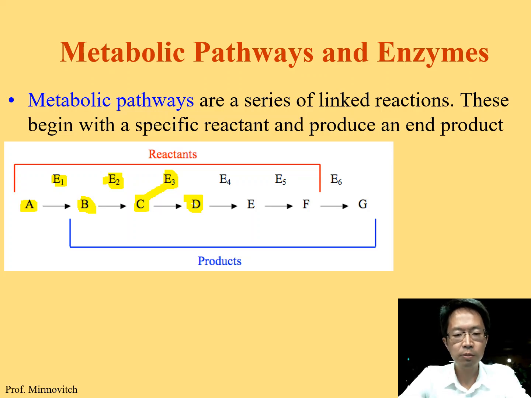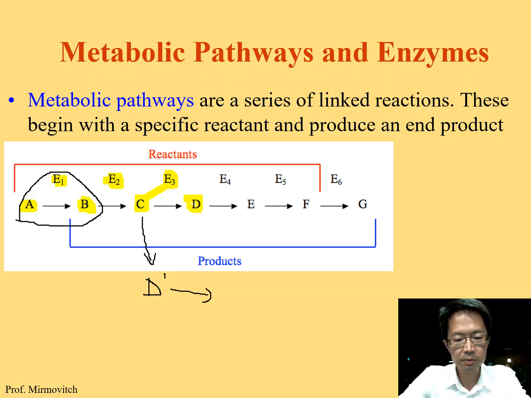The reaction in our body is not just a one-step process, not just from A to B catalyzed by enzyme 1 and that's it. No. Usually it's a chain of reactions, and usually it has a lot of branches. C may go to D prime, and D prime may go to E prime, and so on and so forth.